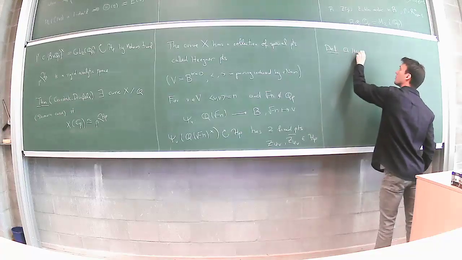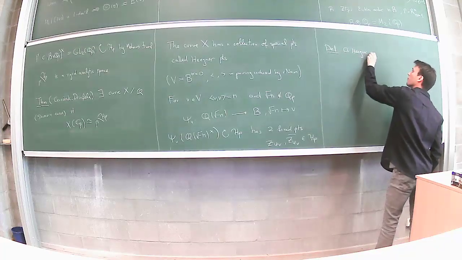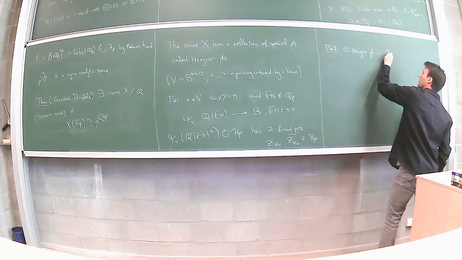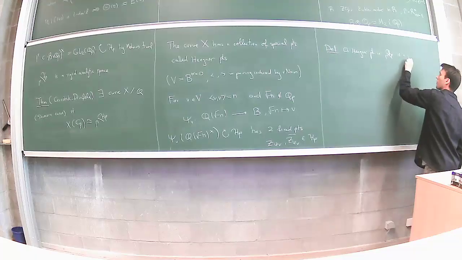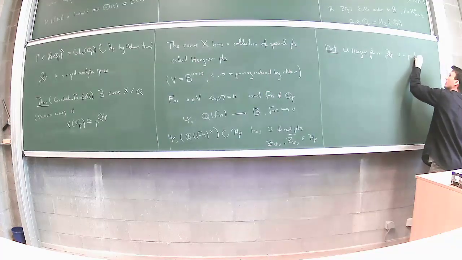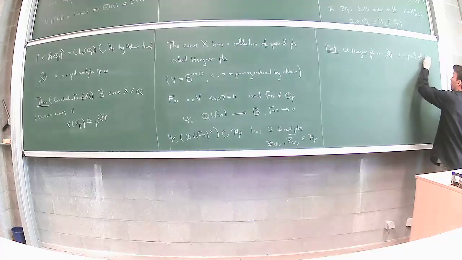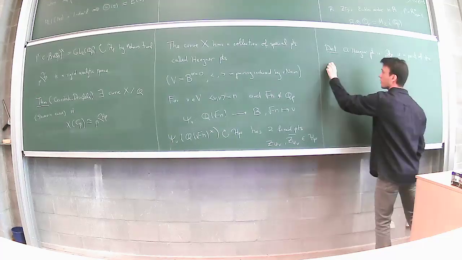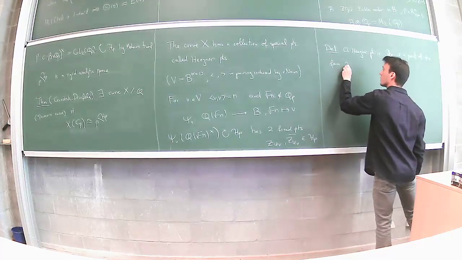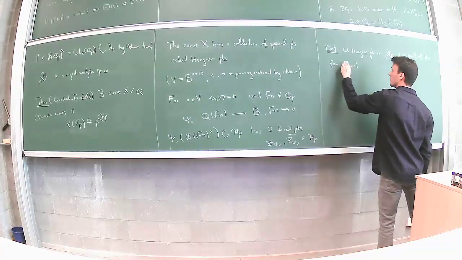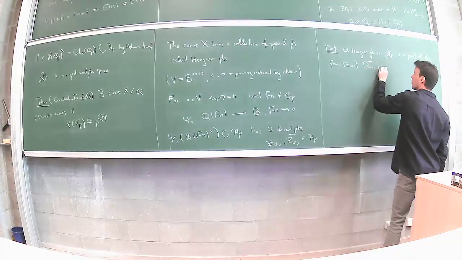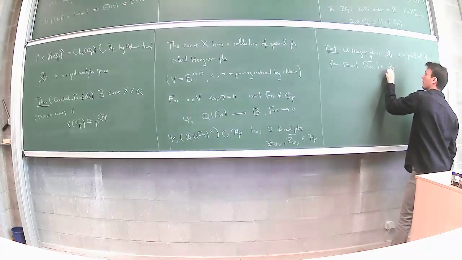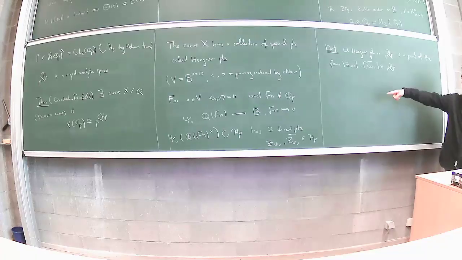So a Heegner point in H_p mod gamma is a point of the form z_v, the class of this, or this other fixed point, z_v bar, in this quotient, for some v as above.